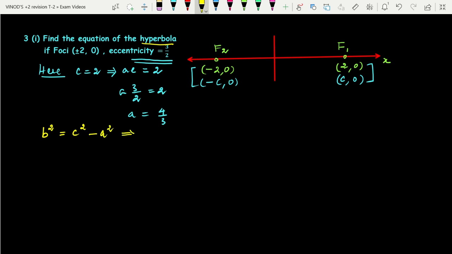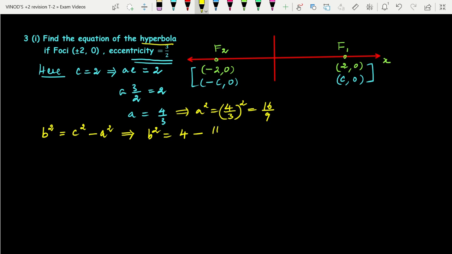So substituting the values of C and A, C square is 2 square. So B square is equal to 2 square, that is 4, minus A square, which is 4 by 3 the whole square. 4 by 3 the whole square is equal to 16 by 9.